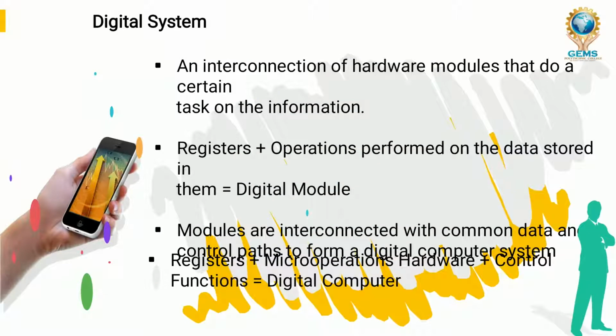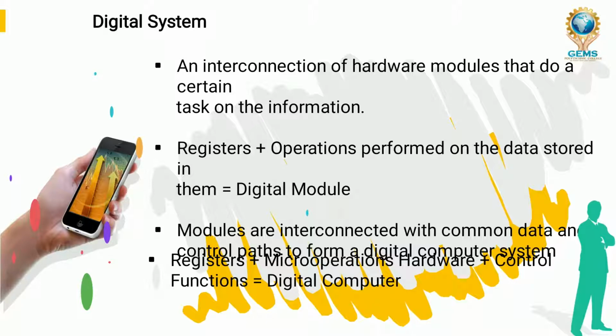First of all, one thing that you have to understand as per the subject is the digital system. What is a digital system? An interconnection of hardware modules that do a certain task on the information. All of you know about hardware modules. A computer is a combination of hardware and software.